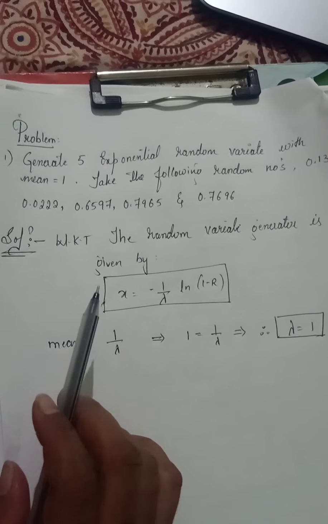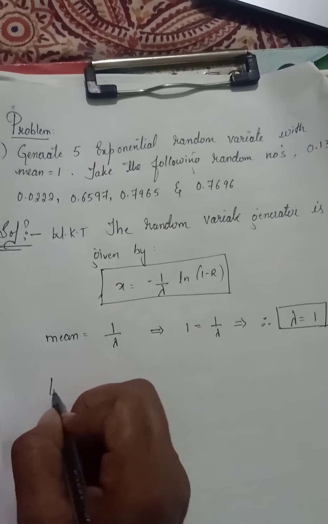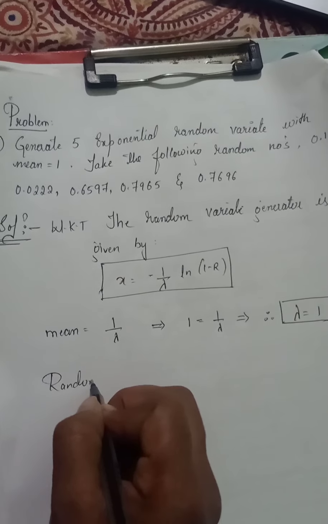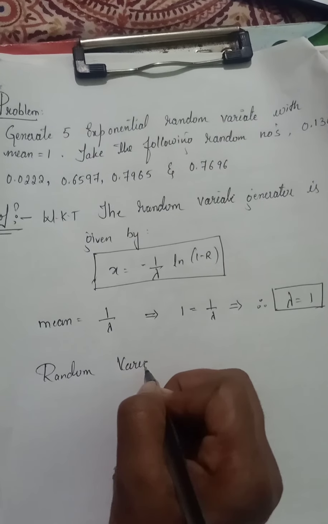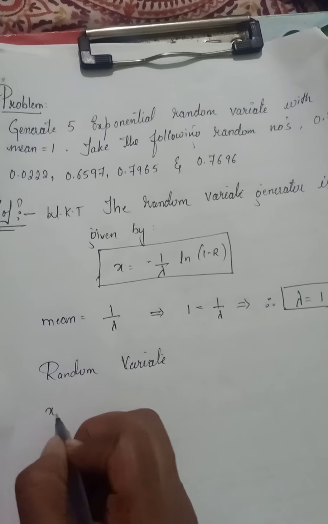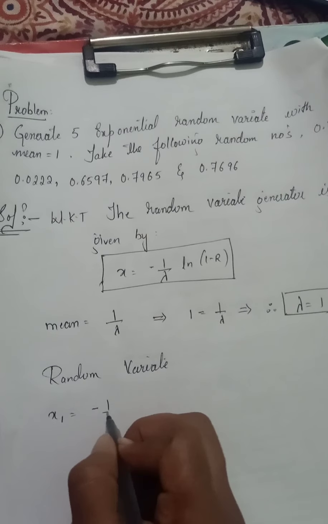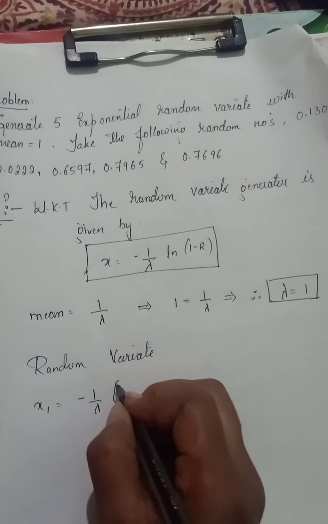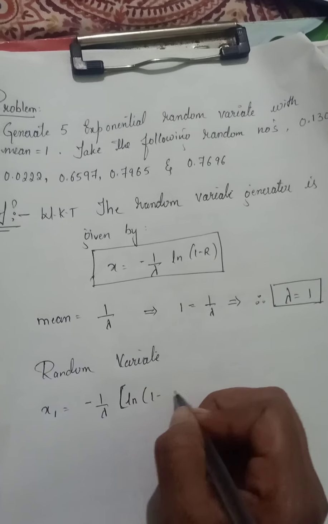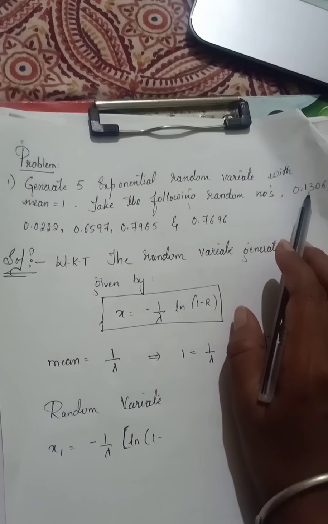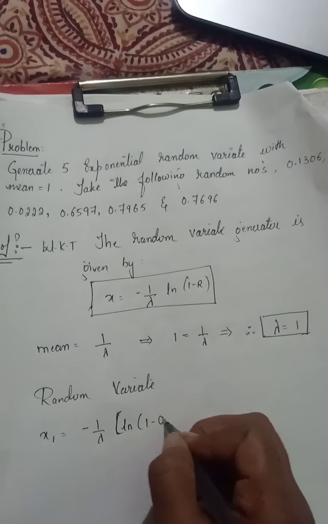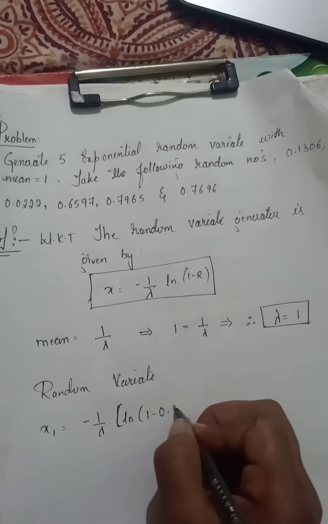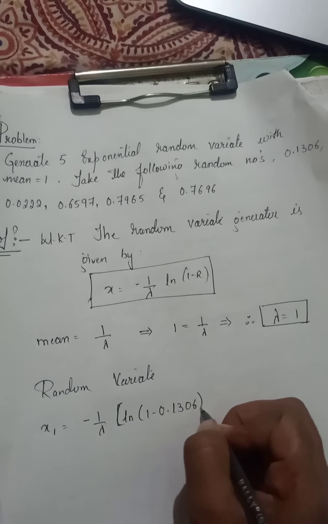I need to find here 5 random variates. So I'll write here as random variate. First we'll find x1, that is nothing but minus 1 by lambda ln of 1 minus r. So what is the r value? The first r value is 0.1306.